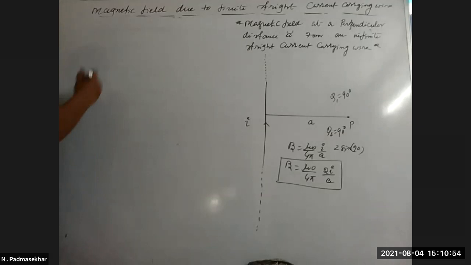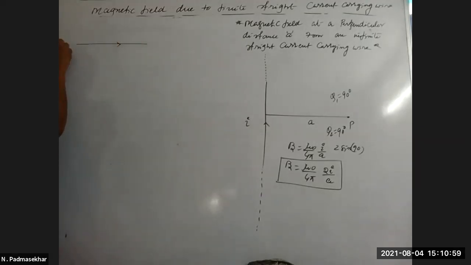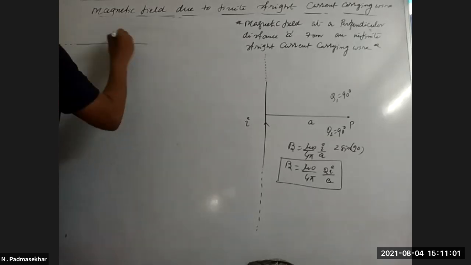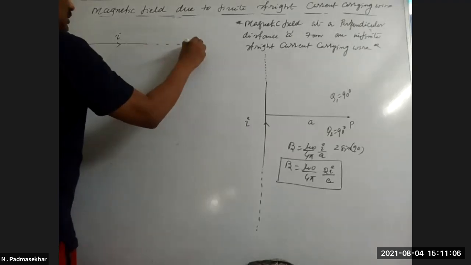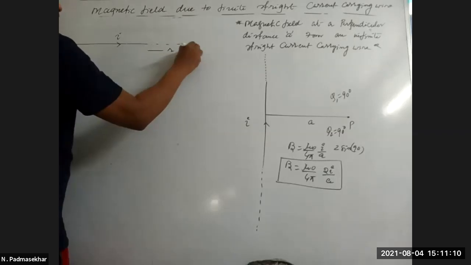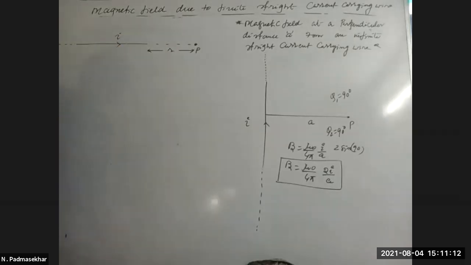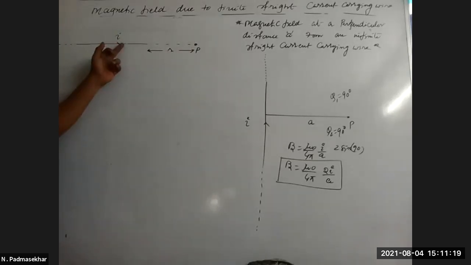This is the wire, infinite and semi-infinite, and this is the current. Exactly this point is at a distance of R. What is the magnetic field? What is the magnetic field due to this one?